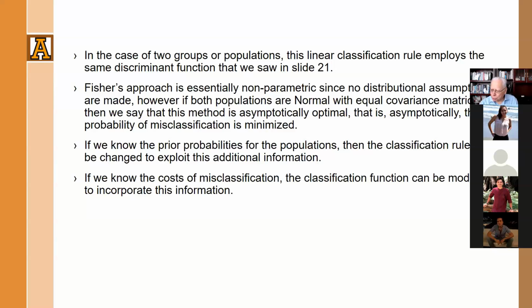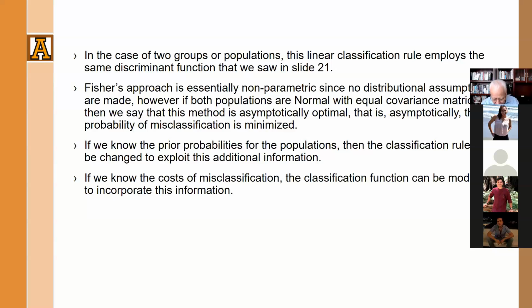The other thing that's important is if we know the cost of misclassification, we can take that into account for the decision rule. Okay, so if it's more costly to classify something as cancer than to make a mistake.